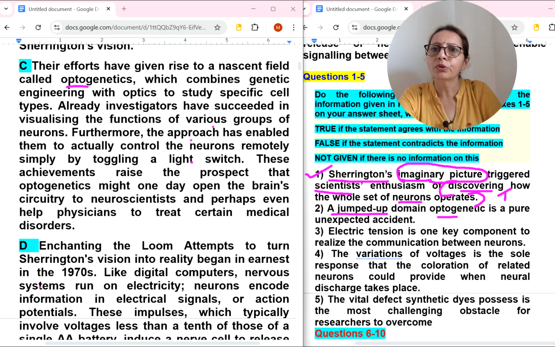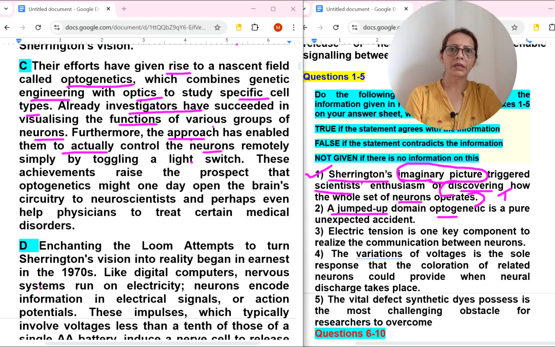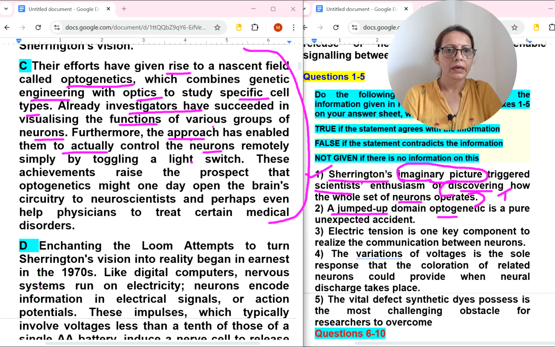Okay, the optogenetic word is here. Their efforts have given rise to a nascent field called this, which combines genetic engineering with optics to study specific cell types. Already investigators have succeeded in visualizing the function of various groups of neurons. Furthermore, the approach has enabled them to actually control the neurons remotely. These achievements raise the prospect that optogenetics might one day open the brain's secrets. Okay, so here in this paragraph, a jumped up domain: I couldn't find it.